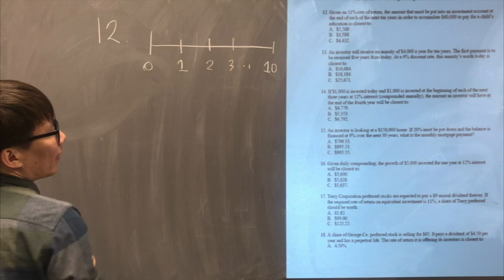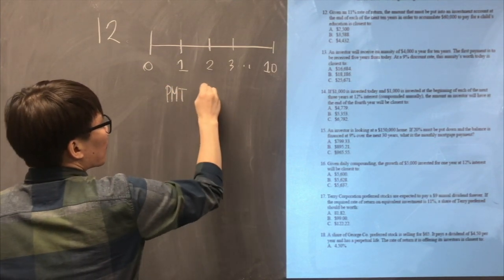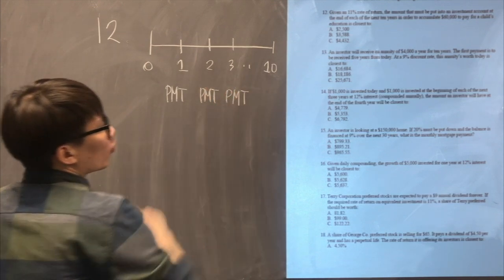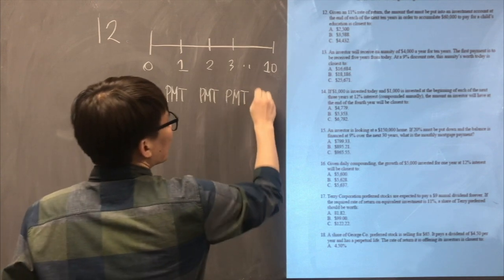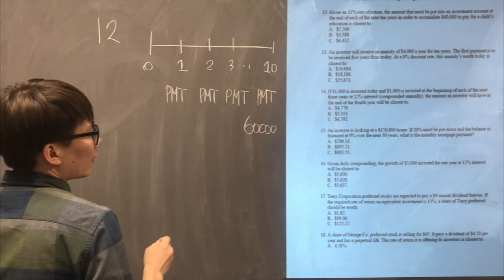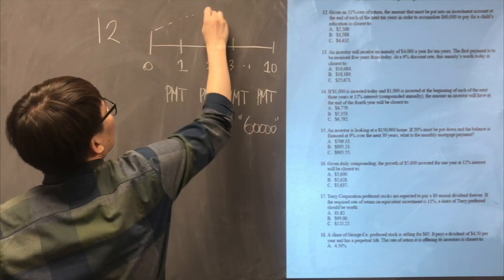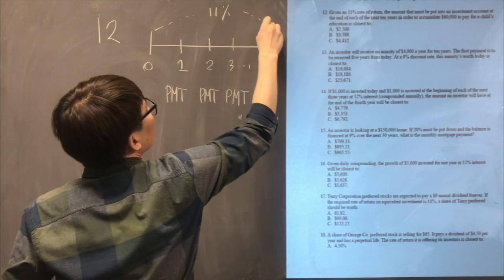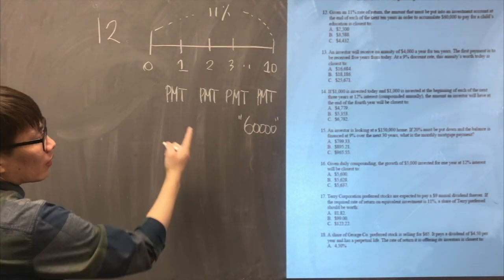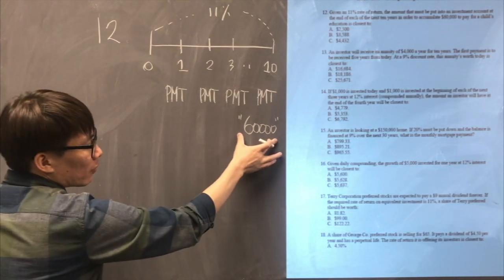They should pay a certain amount of money to accumulate 60,000, at 11%. In this case, we need to figure out our payment.